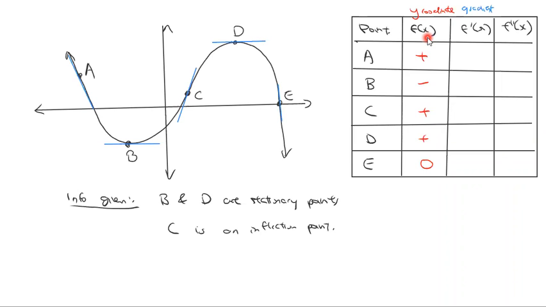All right. So you know that if it's upward sloping, it's positive. If it's horizontal, it's 0. And if it's downward sloping, it's negative. So looking at the blue lines, which represent the tangents, and considering the gradients, what can you tell me about f'(x)? Okay. It's negative.